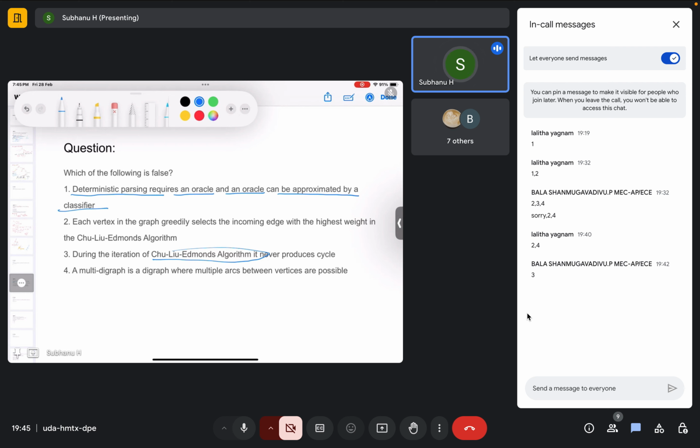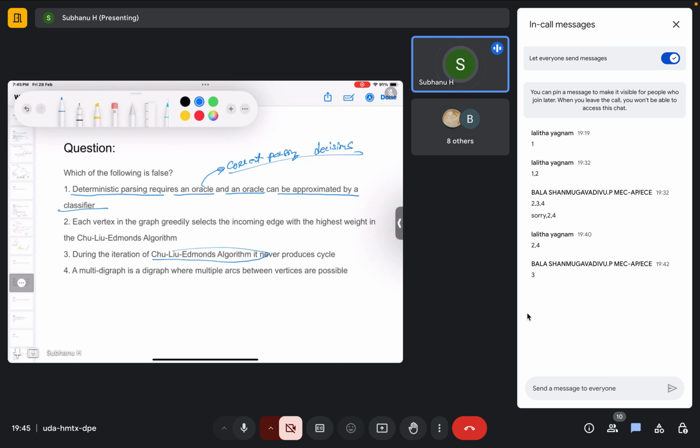So why is the oracle used? It gives you the correct parsing decisions at each step. Okay.